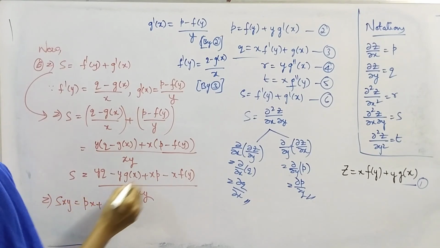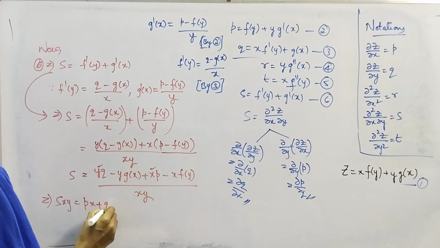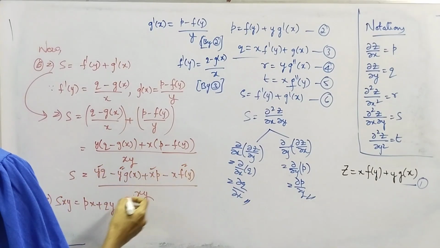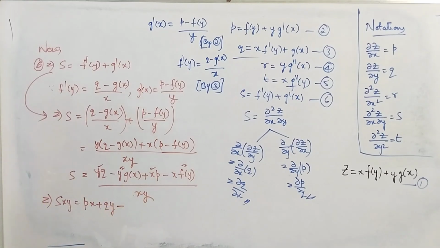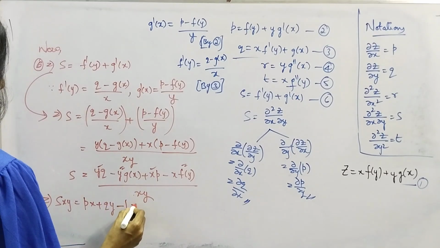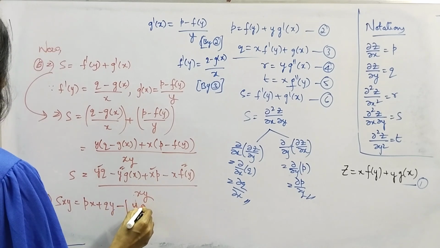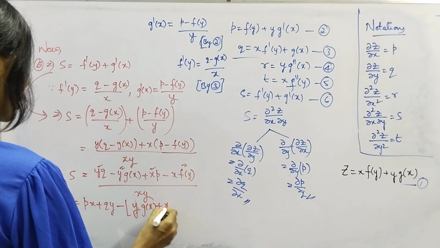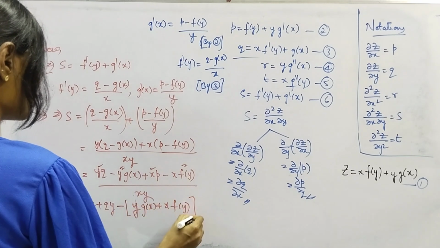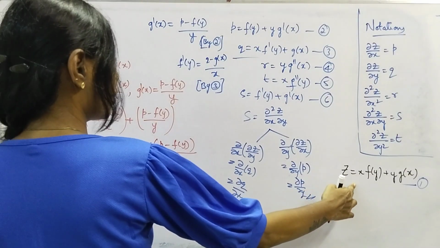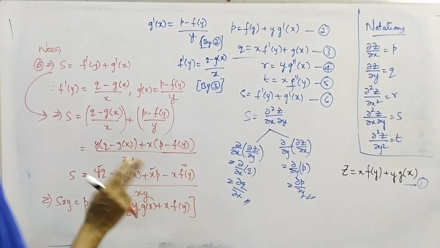px plus qy. Take minus common from these two terms, you'll get minus of y into g(x) plus x into f(y), or we can write this as x into f(y) plus y into g(x), which is the given equation and can be replaced by z.